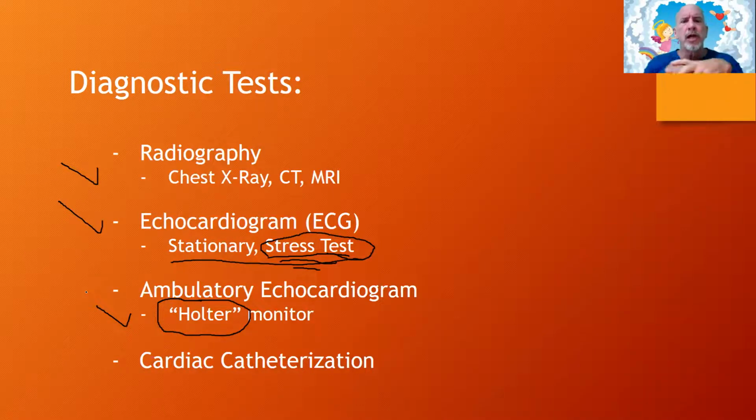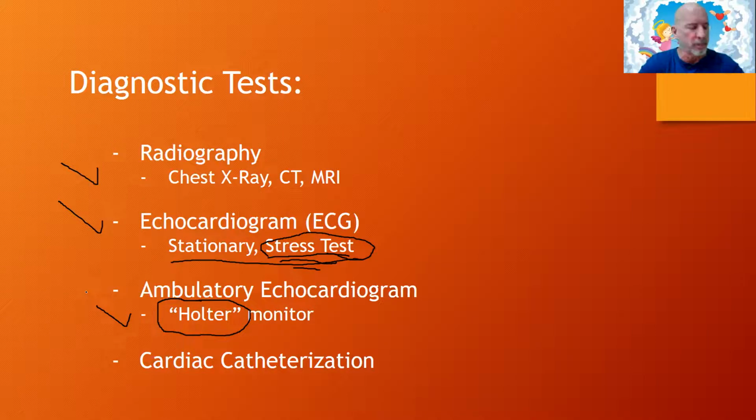So your heart is a lot like the engine in your car. You'll hear a weird clicking sound in the engine, but then the minute you pull into the garage mechanic, it goes away. And the mechanic looks at you like you're crazy. And then you drive off the lot and you drive home and the click comes back. So the Holter monitor helps us detect that.